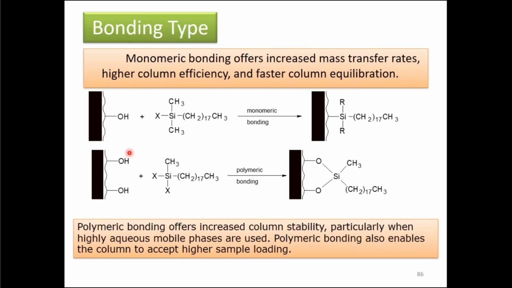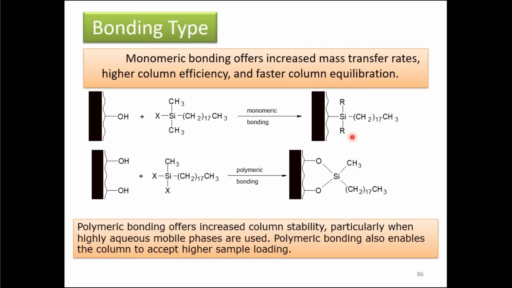Now we'll just see this part. See, this is bonding of the stationary phase. So you have the stationary phase, it is mixed with this chlorosilanated silica, chlorosilane silica is what we generally use, and you get a monomeric bonding. That means the final bonding site will be able to bond with a single solute molecule.